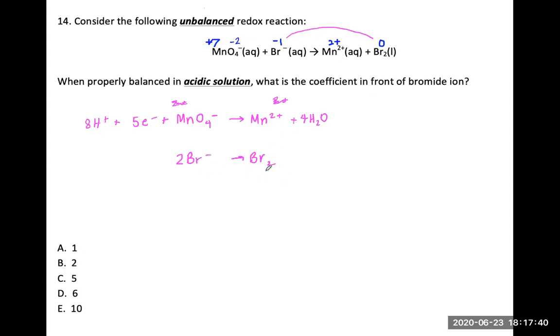But here I have 2 bromines. 2 bromines each loses 1 electron. So I'm going to lose 2 electrons. Okay. And now that one's balanced. It's nice we don't have any oxygens that we have to worry about, no hydrogens to keep track of. So this one's done.